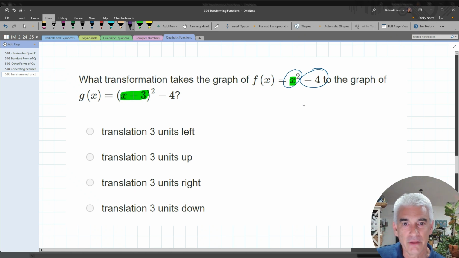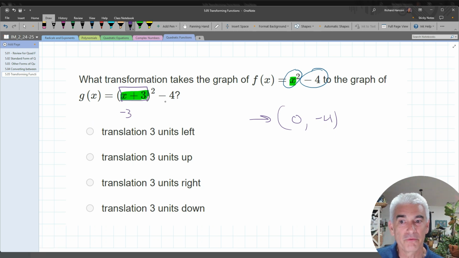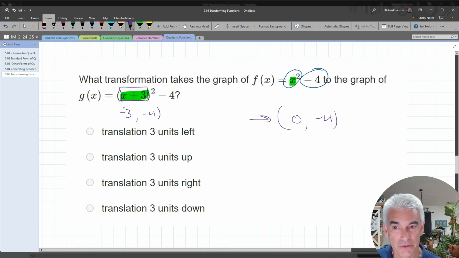Well, 0, negative 4 is on the graph when I plug in 0 for x. Now, in order to get that same point, I need to plug in negative 3 for x to make this 0. It forces all of my x values to be 3 less than what they were before to end up having the same result. Negative 3, negative 4 is on the new graph.